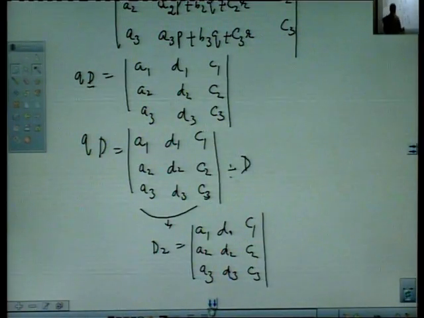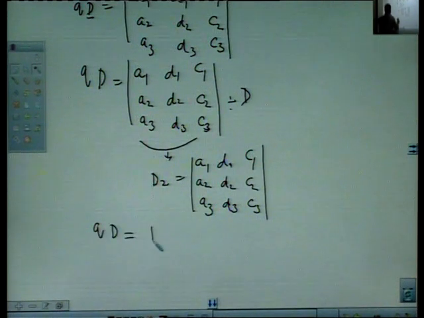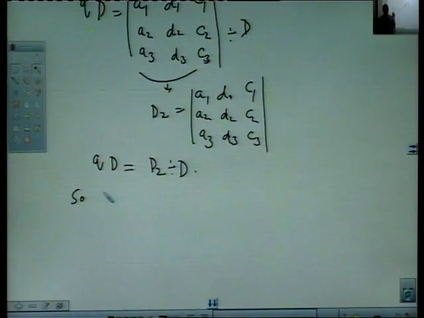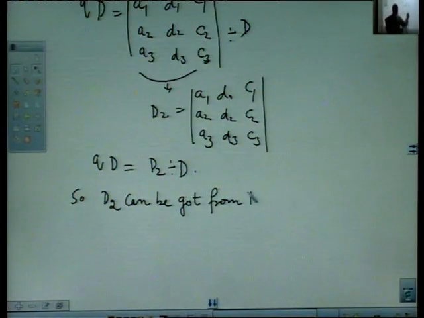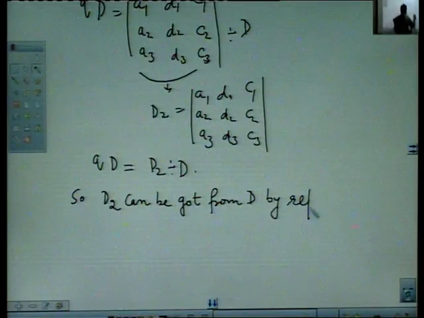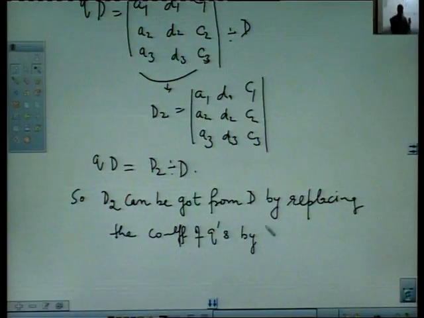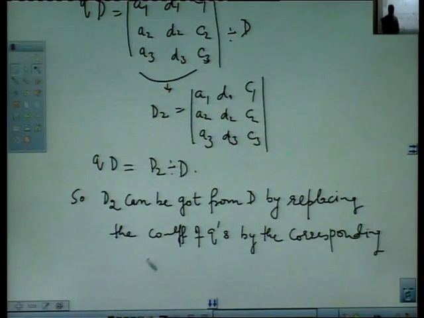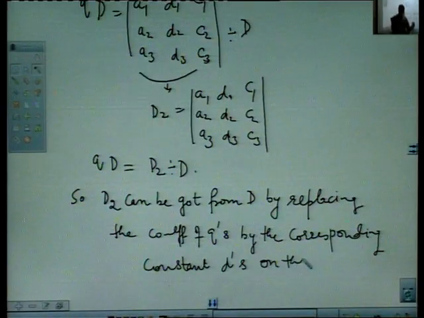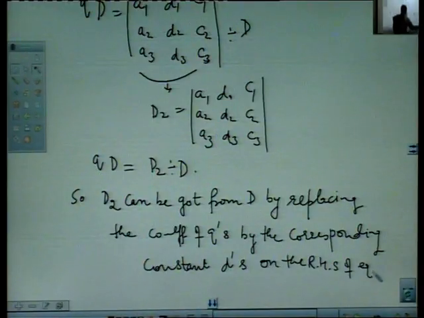So Q is equal to D2 divided by D. So D2 can be got from D by replacing the coefficients of Q's by the corresponding constants D's on the right hand side of equation 1.